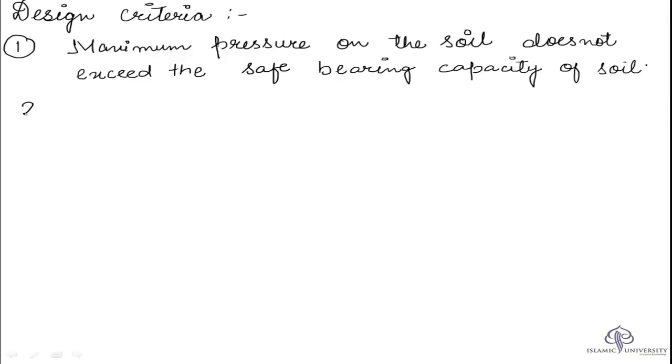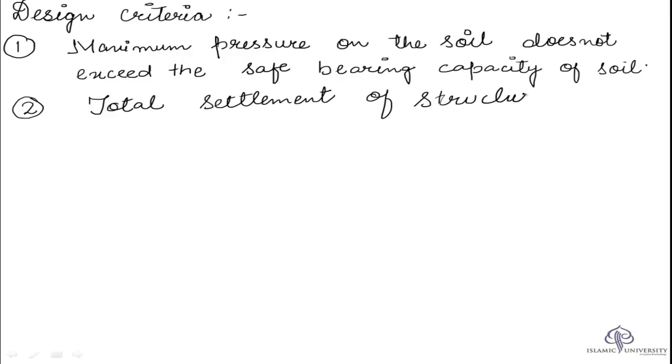Second requirement is that the total settlement of structure is less than permissible value.